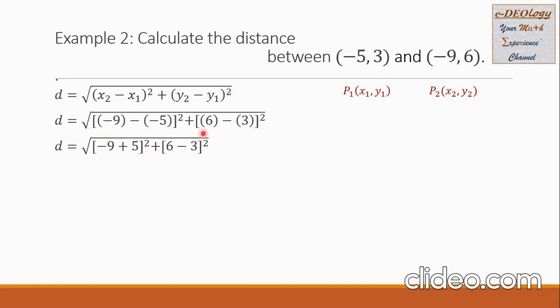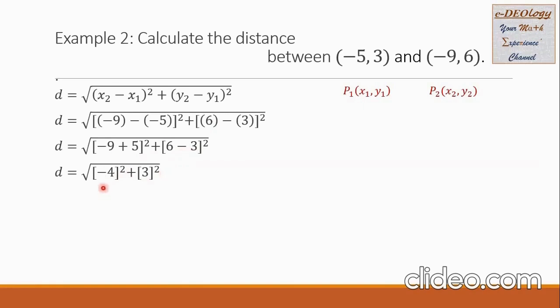We remove the parenthesis for the 6 and for the 3. The minus sign is simply copied here. Then we simplify further. The negative 9 plus 5 is negative 4. And then that is squared plus 6 minus 3 is 3. We copy the power 2.